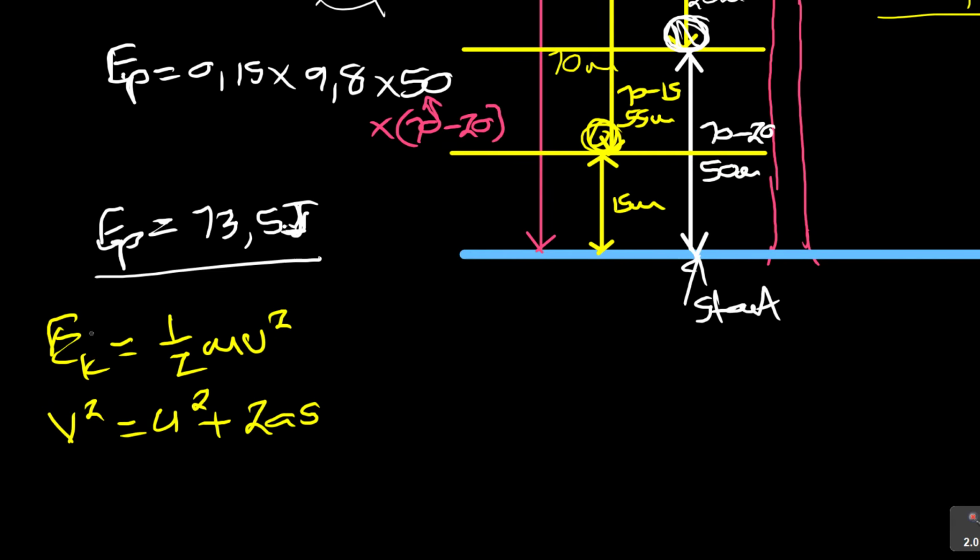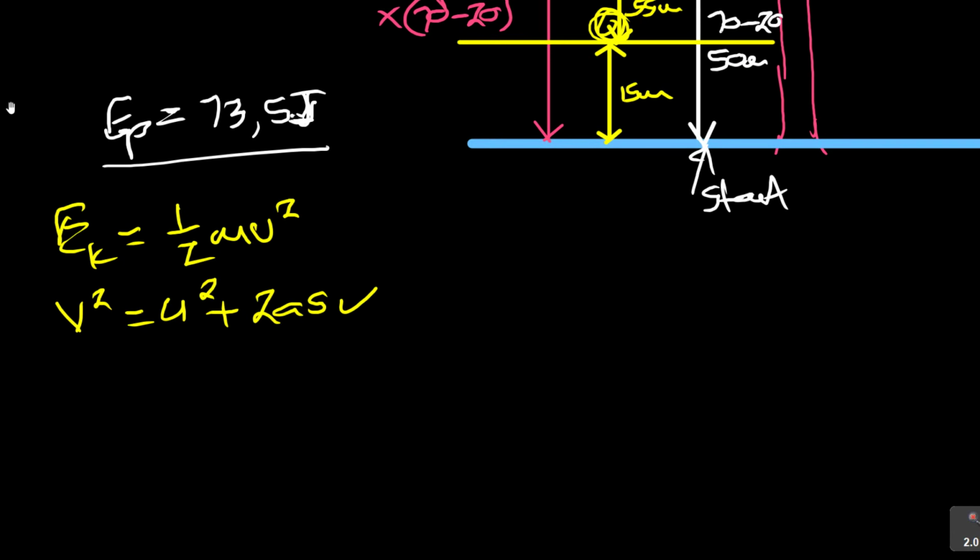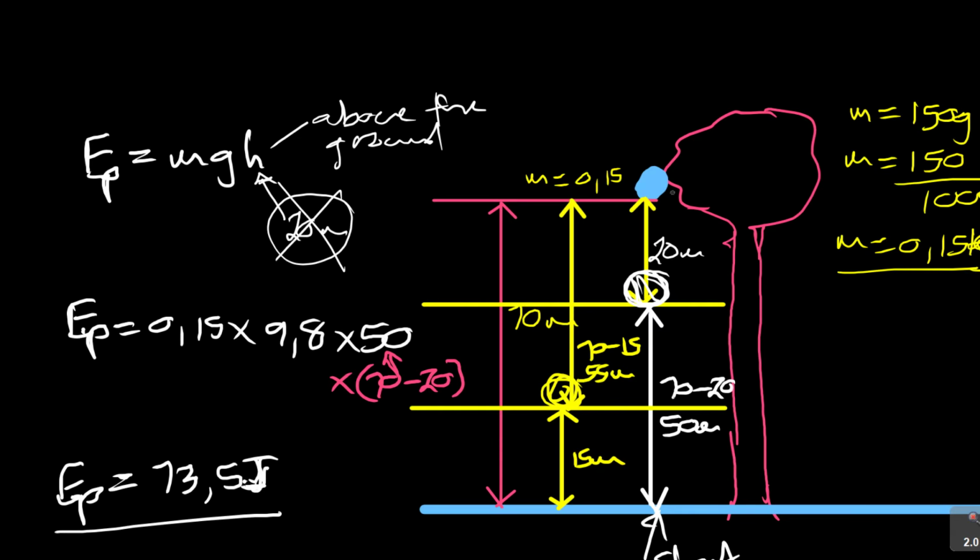These are the most common formulas you're going to use. Usually when you're looking for velocity, this is the one you focus on. Now the good part is u, initial velocity. Remember, it fell from the top, so velocity is equal to 0, hence kinetic energy EK is also equal to 0 at the top.